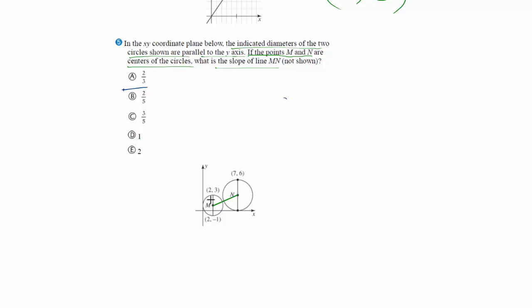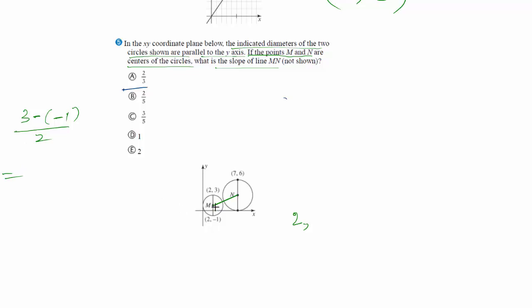I told you the whole line is having the same x coordinate, so point M will also be having the same x coordinate, that's 2, and the y coordinate will be the center point of 3 and -1, that is 3 minus -1 divided by 2.